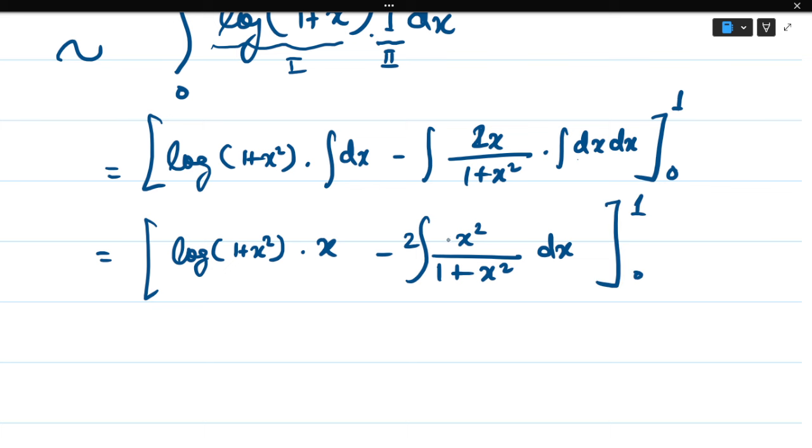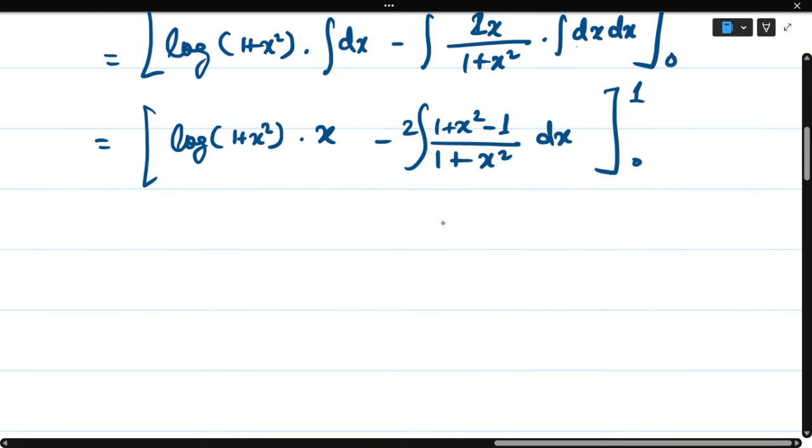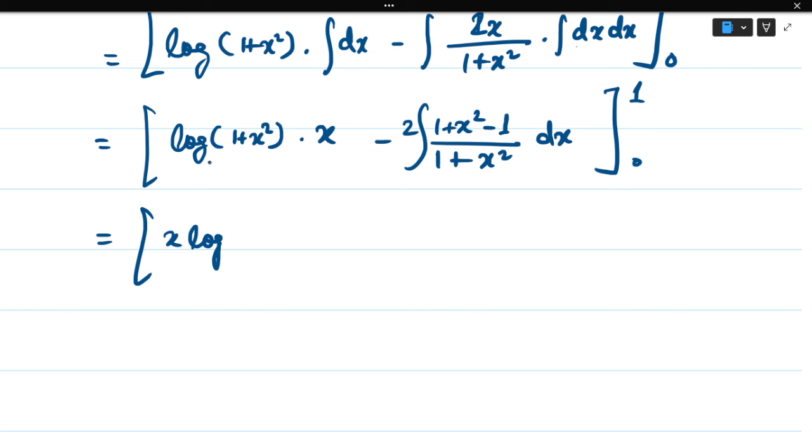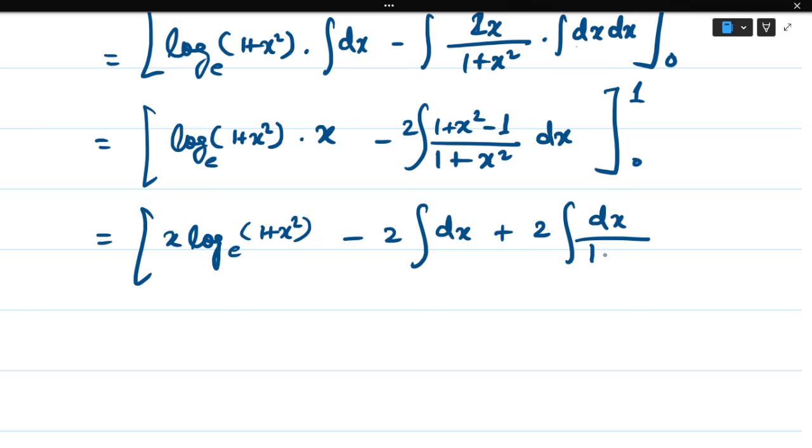Now one can do a simple manipulation to reduce this integral into a very simple integral form. We just add 1 and subtract 1. So therefore we'll get x log to the base e (1 plus x square) minus 2 integration of dx, and minus minus plus 2 integration dx over (1 plus x square), after distribution of 1 plus x square over each of the numerator parts.